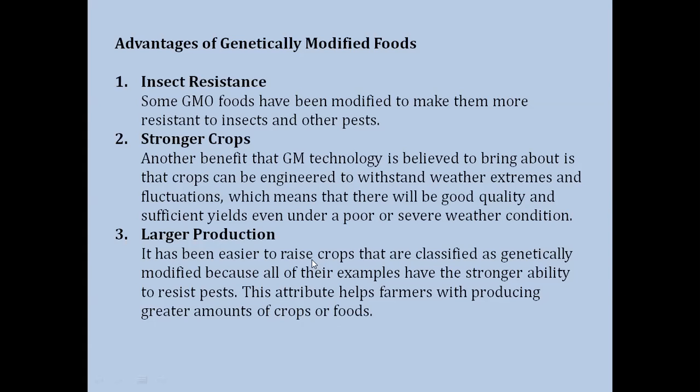Larger production is also important. This is the quantitative trait. Quantitative trait means once you have introduced some genes or genetically modified the crop, maybe some genes will be deleted. But if your good genes are not deleted and your production related genes are still inside the crop, that means it is an advantage.